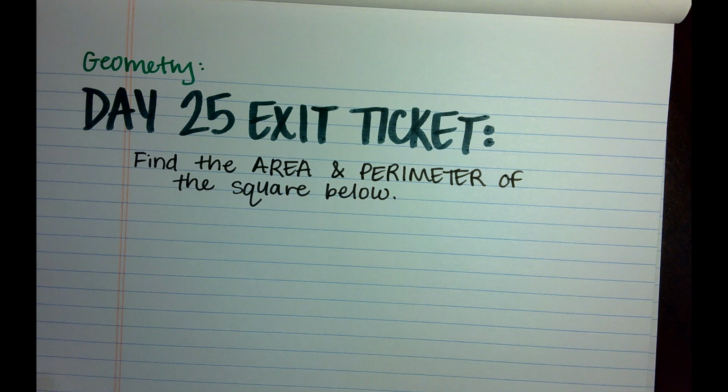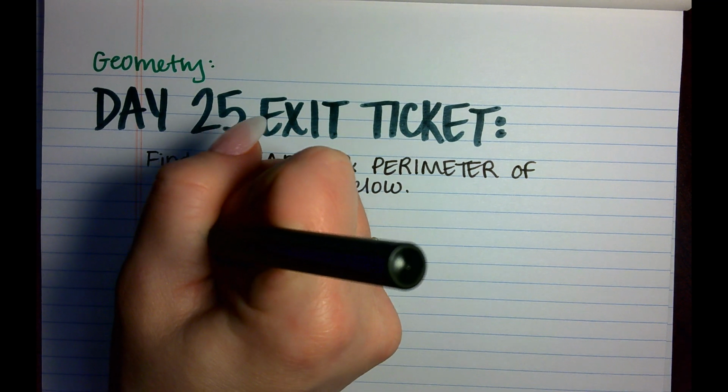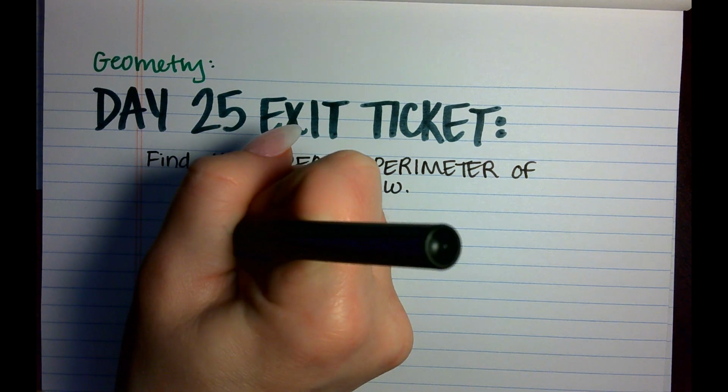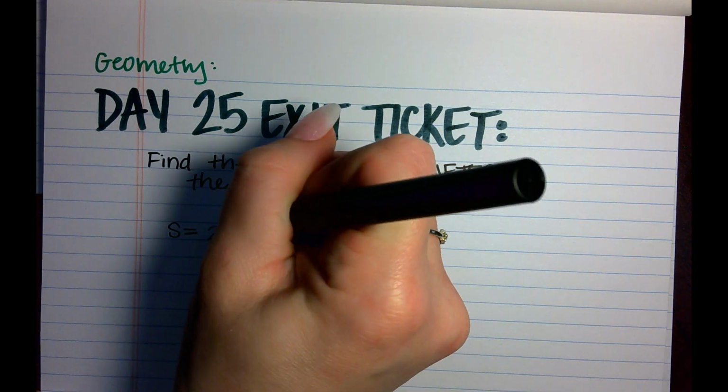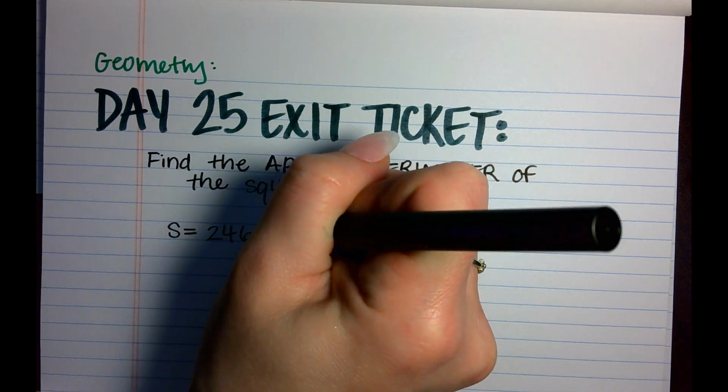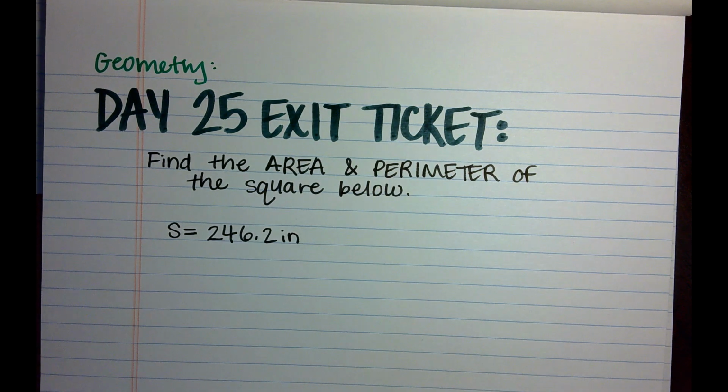So, a square has a side length of 246.2 inches.